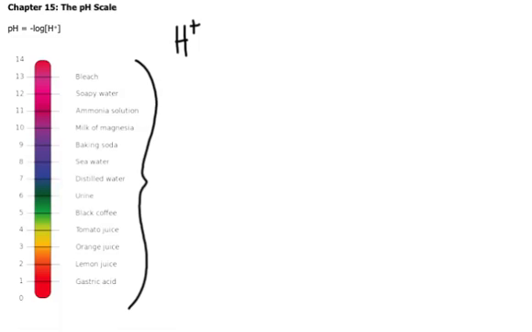The concentration of H+ varies greatly, and we are talking about in the range of 10 to the minus 14 molarity to 1. Okay, so that is an astronomical range.